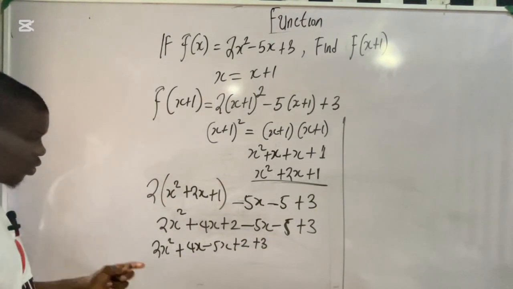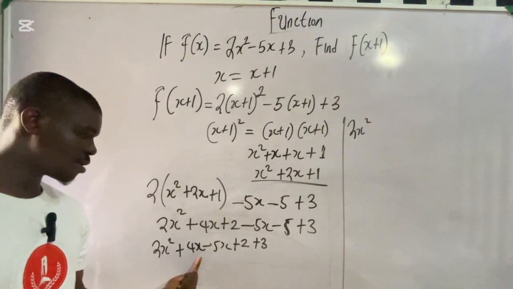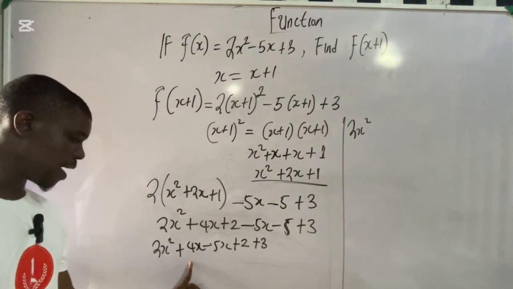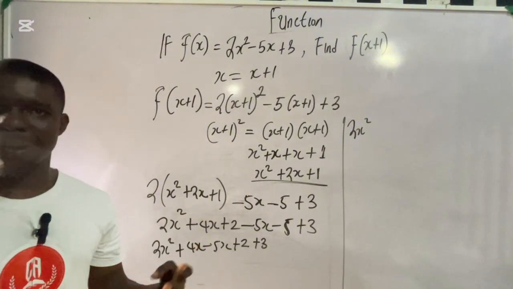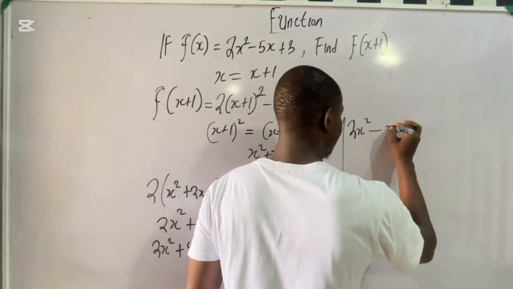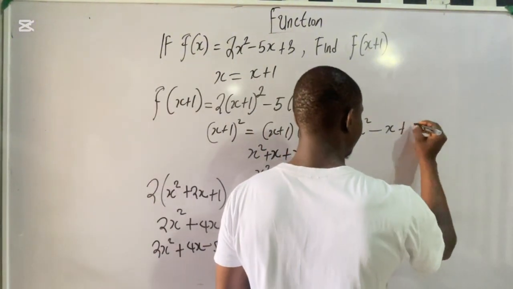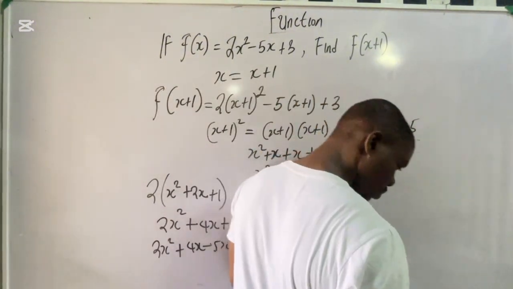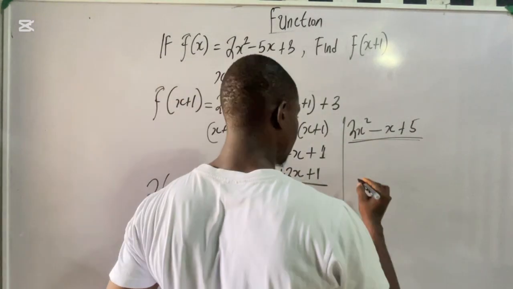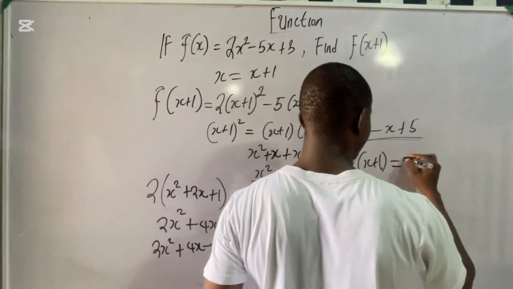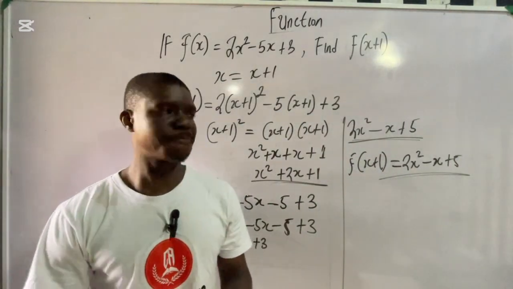So here we have 2x², 4x minus 5x is going to be minus x, and 2 plus 3 is 5. So this is the answer: 2x² − x + 5.